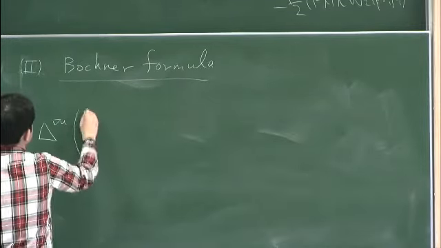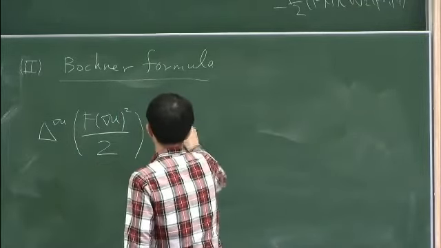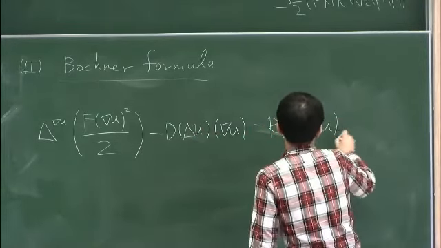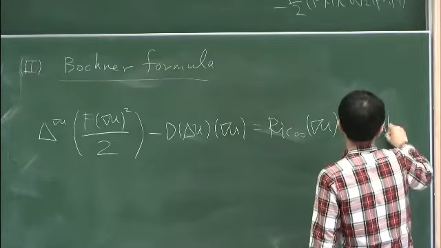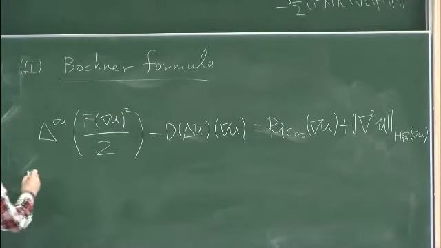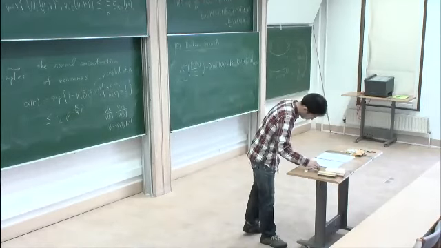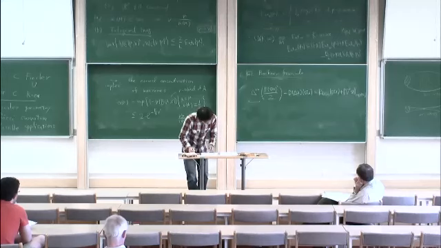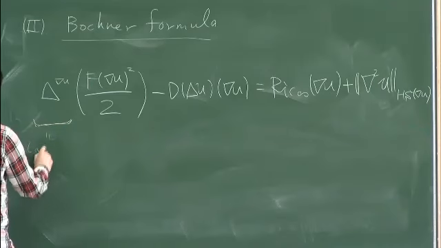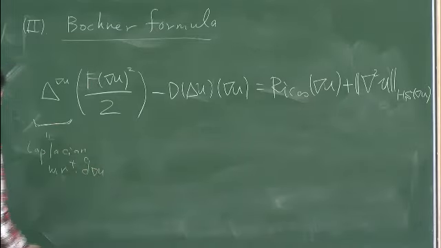It's like this. I'm not sure I remember correctly, but it's maybe like this. So this is the Laplacian with respect to the Riemannian structure g of the gradient of u.